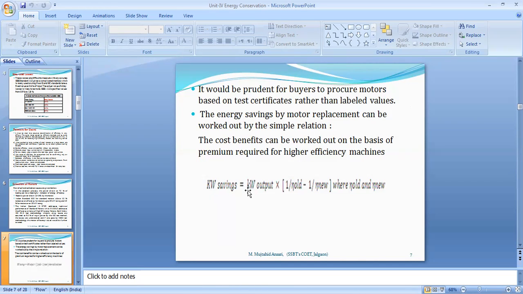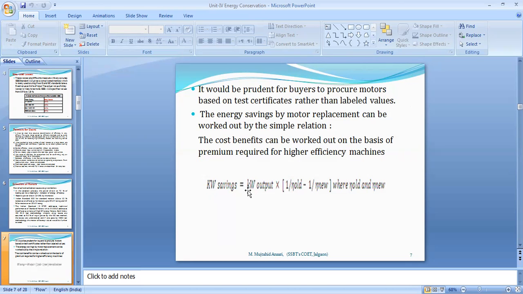So 2 kilowatt multiplied by the number of hours, 24, gives the active energy, units kWh saved per day, multiplied by 365. So this is the energy saving per annum, multiplied by the rate of electricity. So it will convert into the benefit in financial terms.